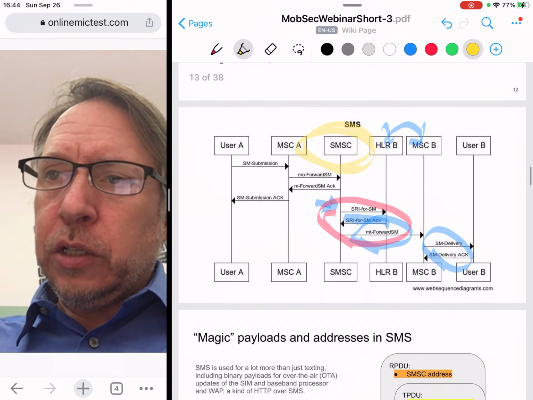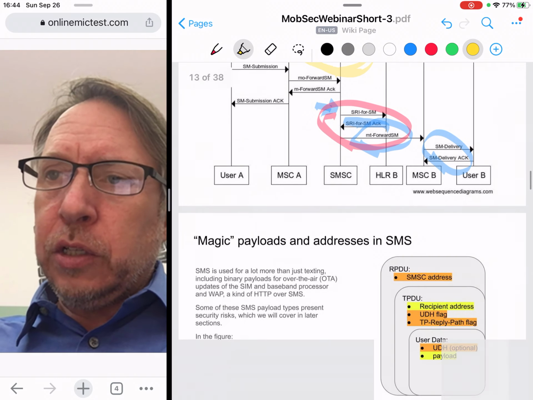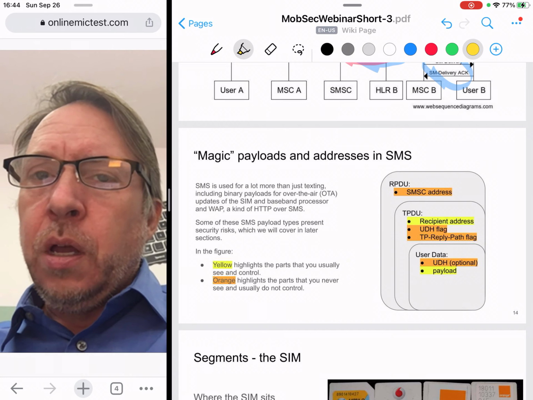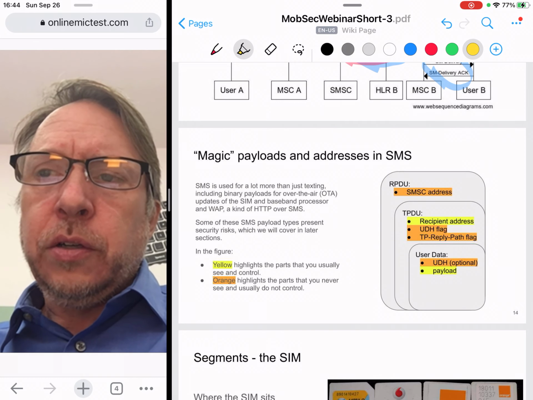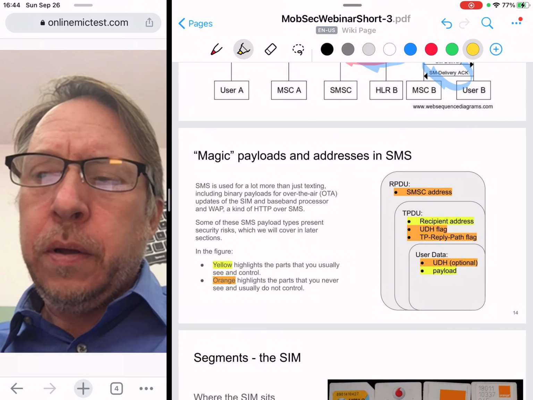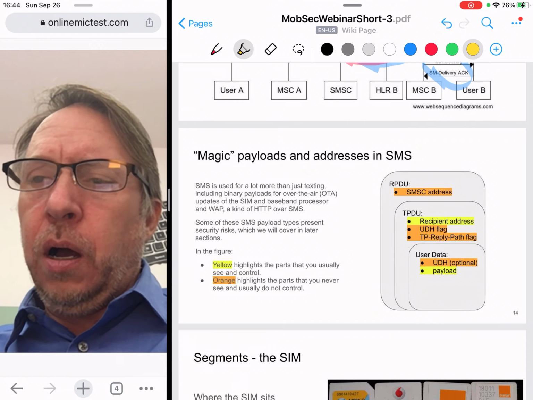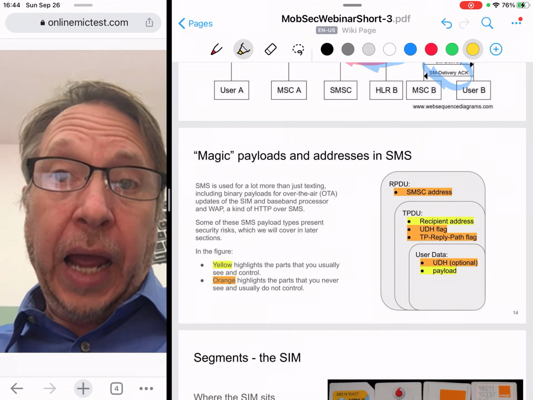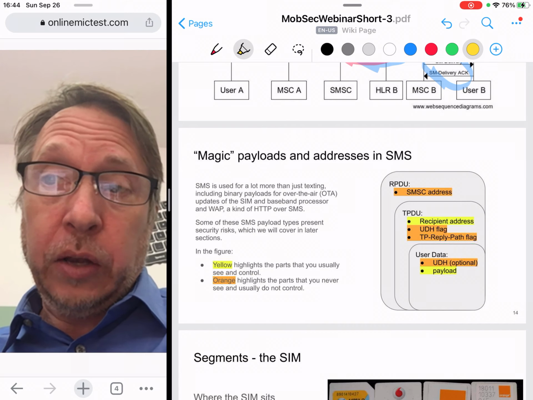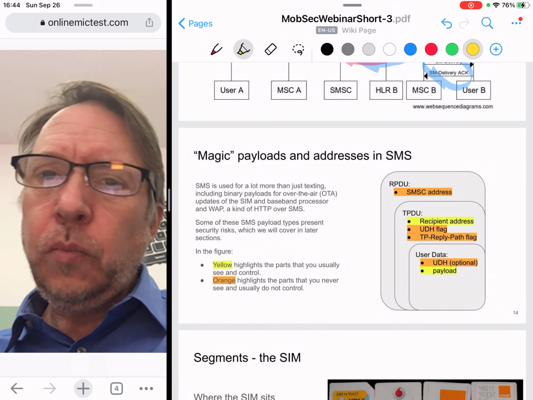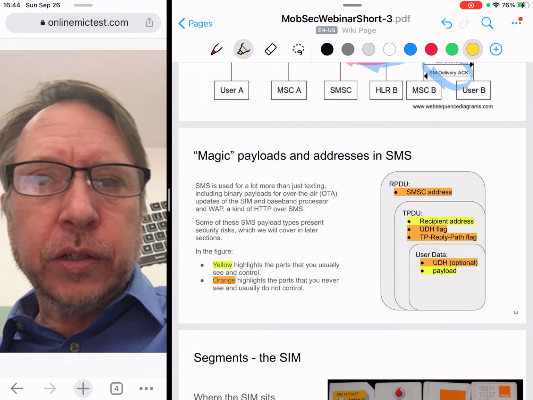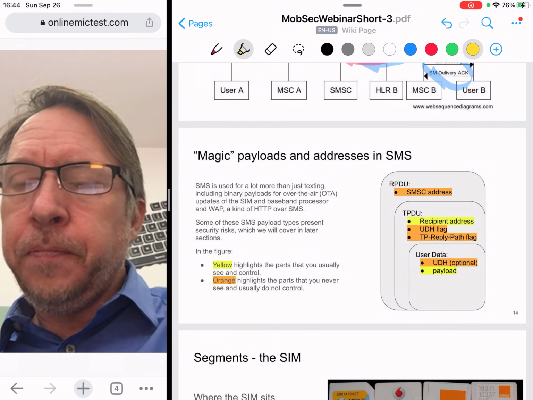Another thing about SMS makes it fascinating from a security standpoint on slide 14. Text messages delivered through the network have up to three layers of headers that pass through the SMSC. The outermost layer is the address of the SMSC that's supposed to handle the message, or on delivery, the address of the SMSC that did handle the message.